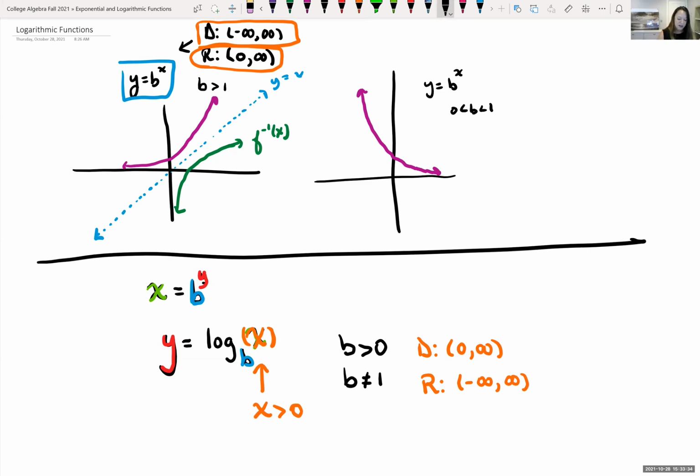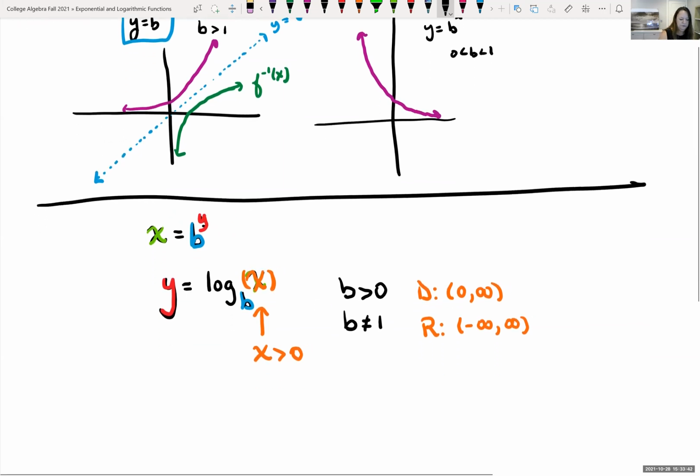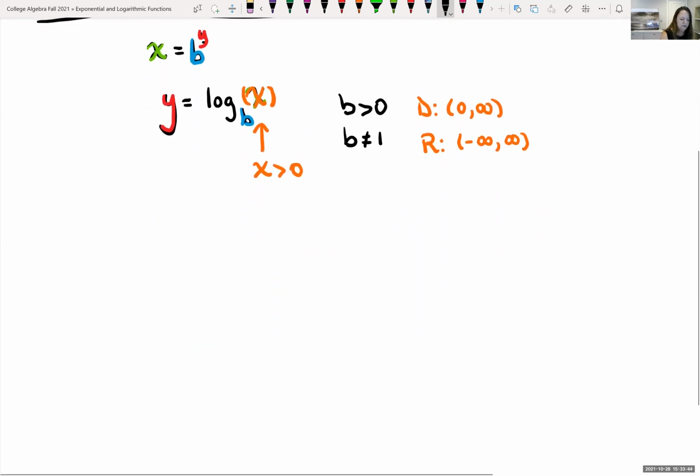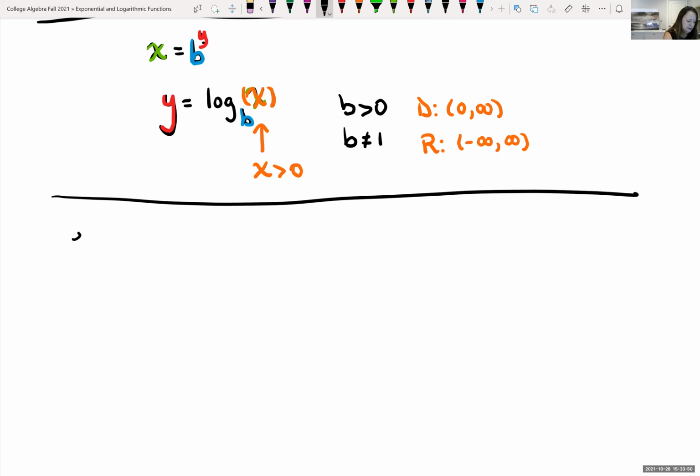So it's helpful, given a log equation, to rewrite it in exponential form. Let's look at some examples of doing that.